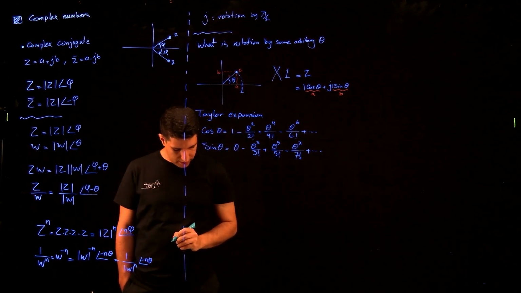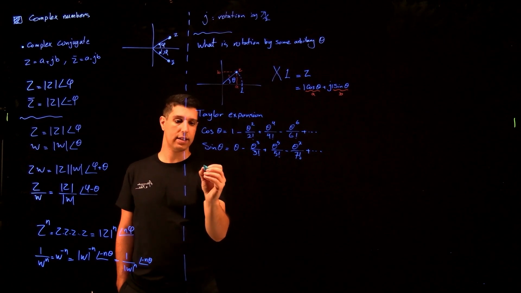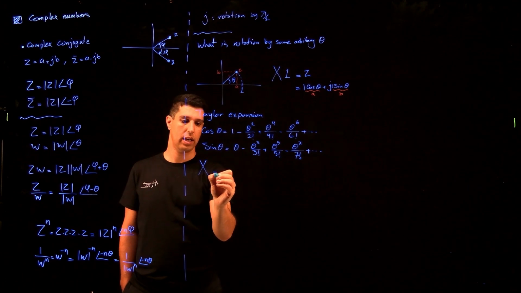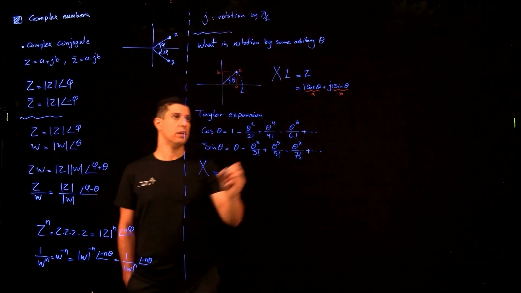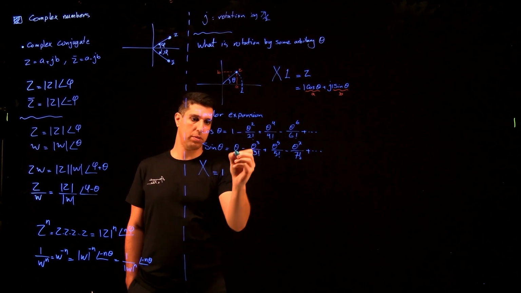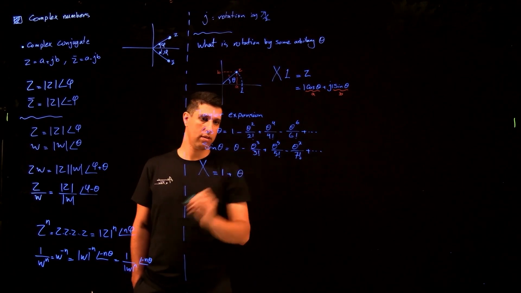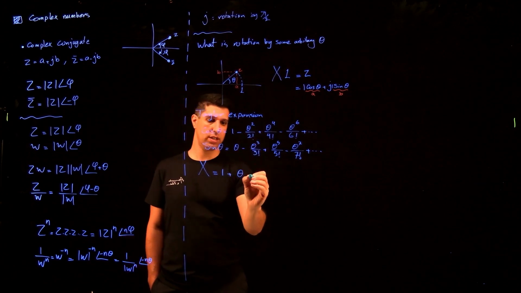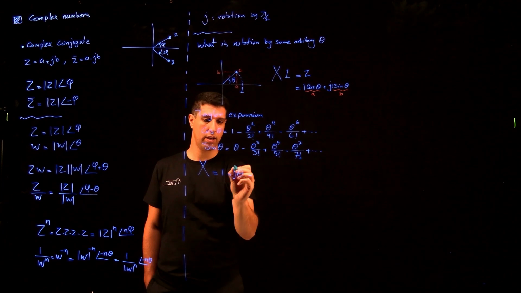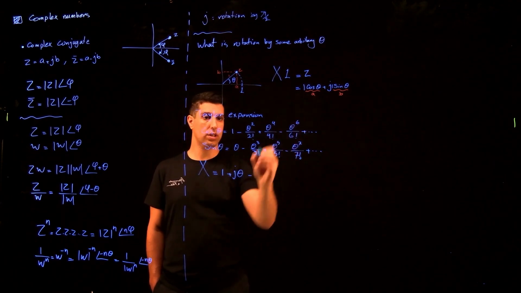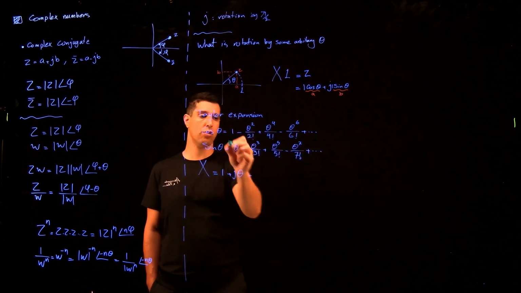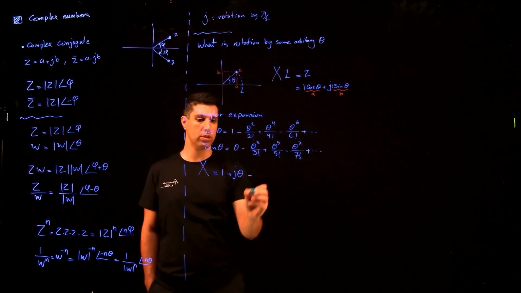So I have my z or x times 1 equals 1 plus theta minus, it has a j, minus cosine doesn't have a j. So essentially I have to multiply this row by a j and add it to that one.